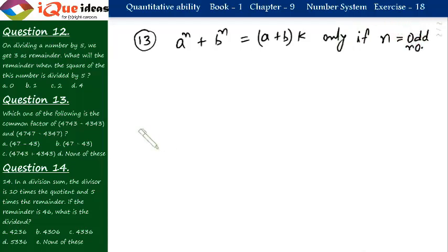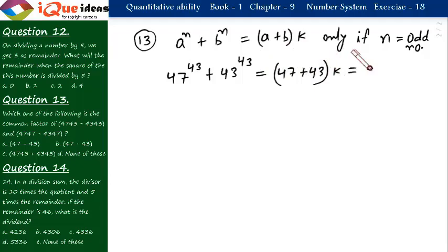Now here in this case, 47 to the power 43 plus 43 to the power 43. The power is 43, which is an odd number. So this number will definitely be divisible by 47 plus 43, which is equal to 90k.